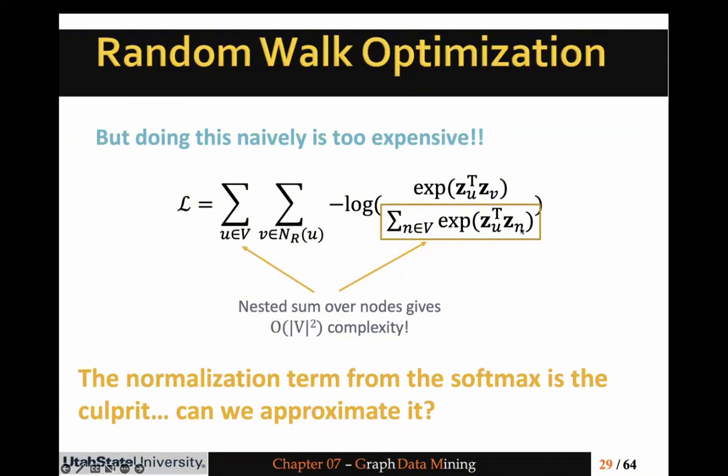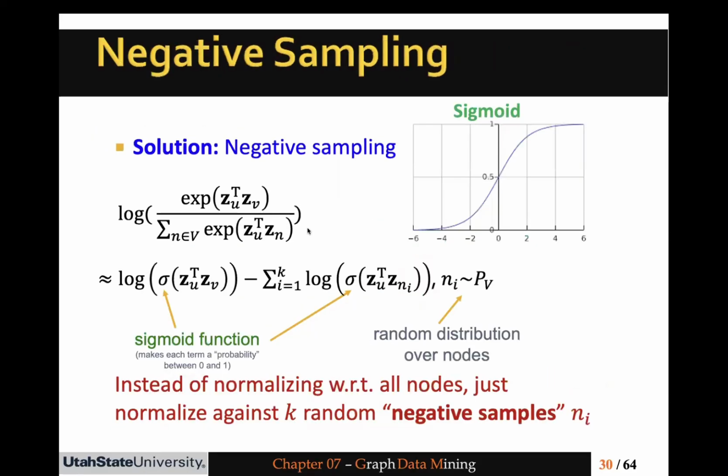But can I approximate the vector set in the denominator of my softmax function, right? Then probably the answer is yes. I should be able to approximate this. And how can I do so? In the next slide. And the answer is negative sampling.